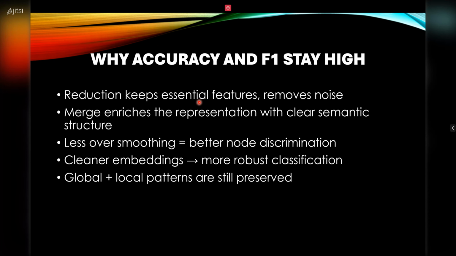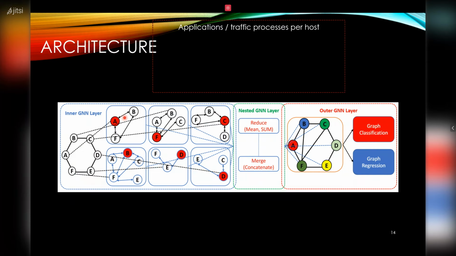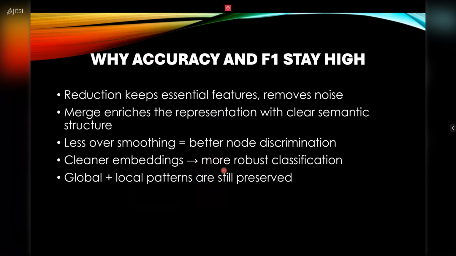Basically, this dataset is collected here. If I go back to the previous stages, we create some nodes which have some normal processes and some malicious processes, the same in each subgraph. So this local dataset helps us with better node discrimination, and it's good for cleaner embedding and more robust classification for graphs and nodes.